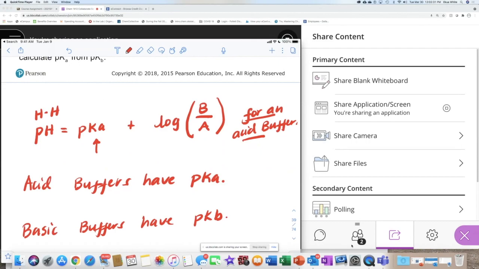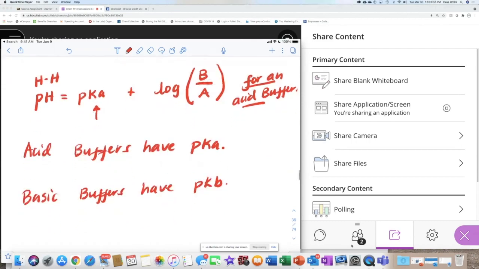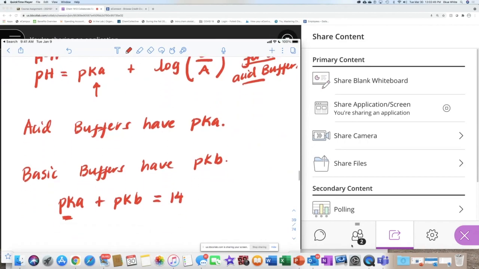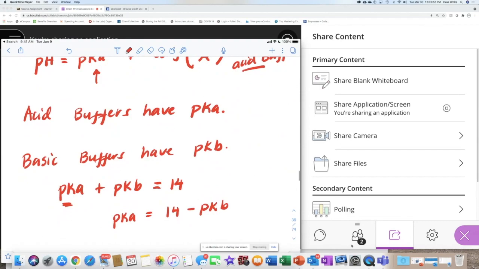Don't we have a formula that relates pKa to pKb? Yes, we do. So that's simple: pKa plus pKb equals 14. So if we need to get the pKa from pKb, just say pKa equals 14 minus pKb. Problem solved. And I'll be like, okay, that problem is solved.